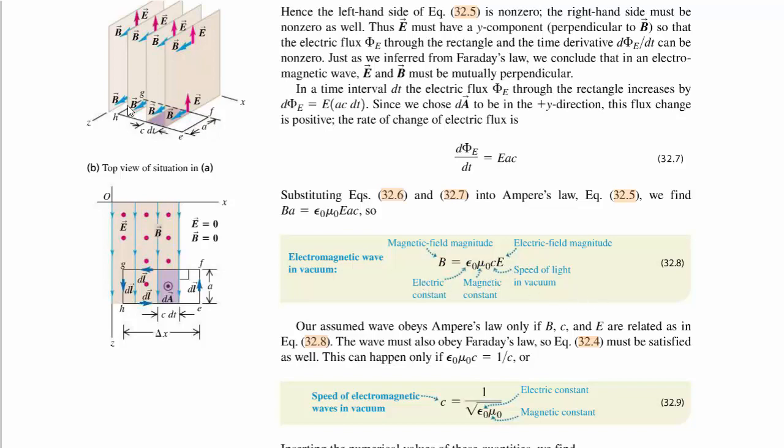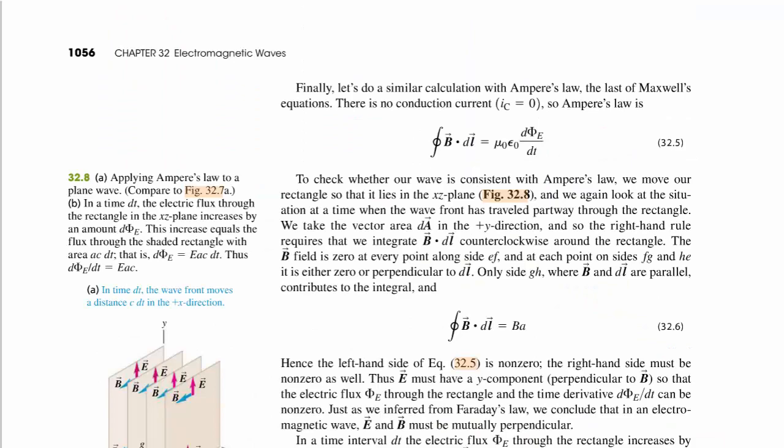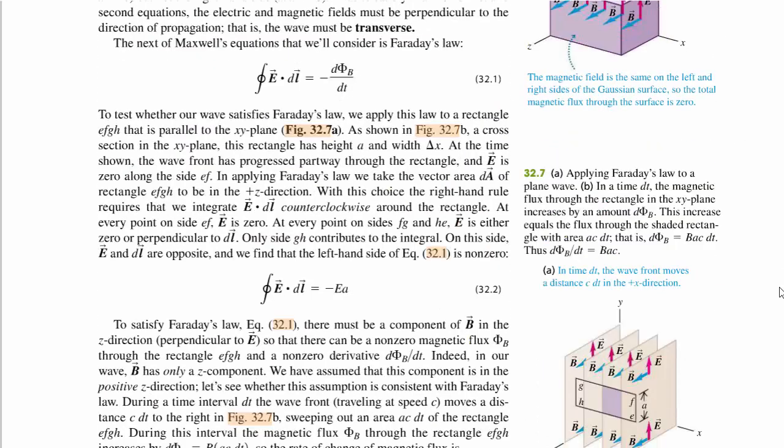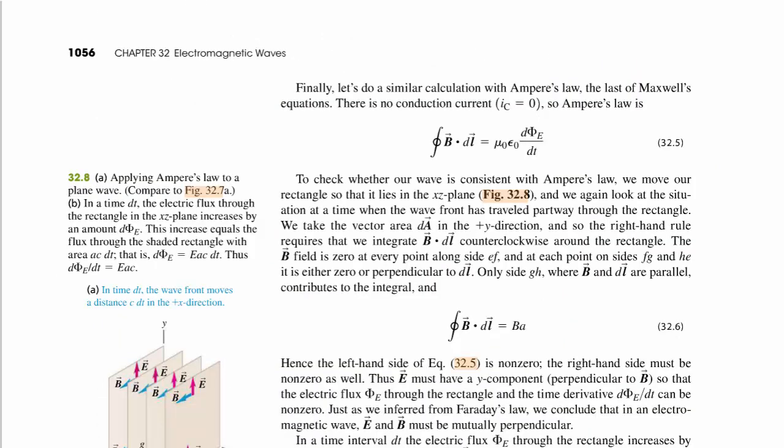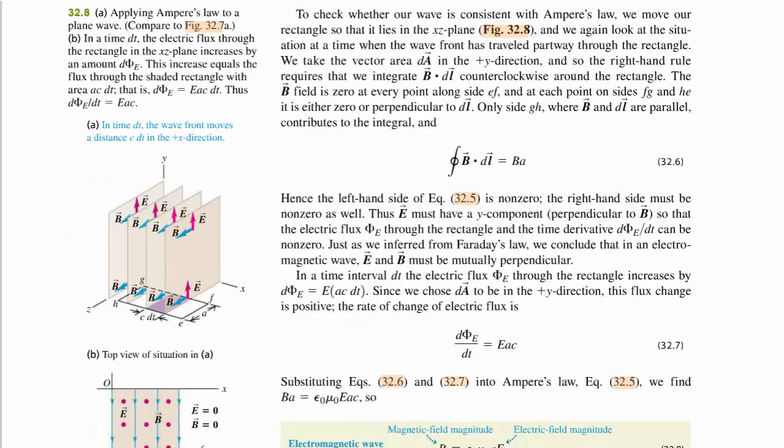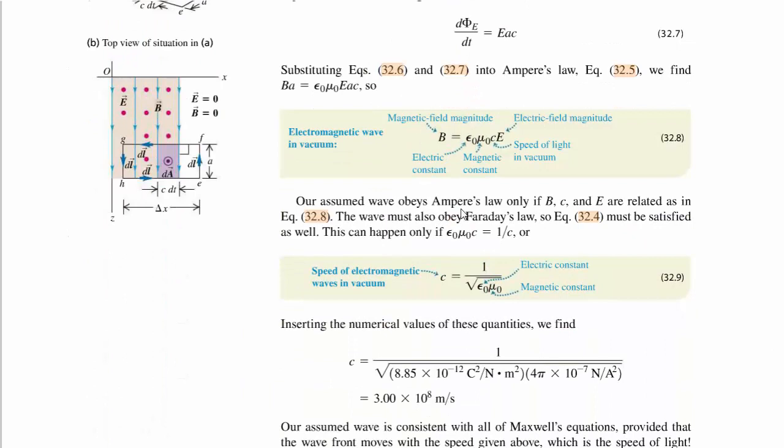If we take this equation and combine it with the one we got from Faraday's law, plug one into the other, then E and B both cancel out, and we're left with a relationship between C, the speed of light in vacuum, and epsilon naught and mu naught, those two constants that we said were empirically found in Coulomb's law and in the Biot-Savart law.